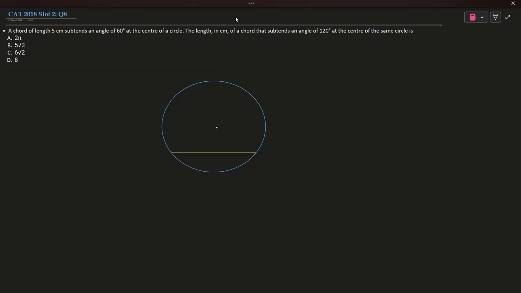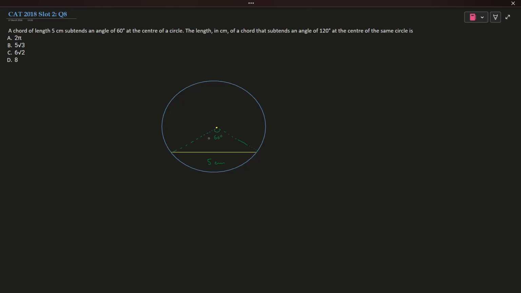So this length is 5 centimeters. Okay guys, this chord subtends an angle of 60 degrees at the center of the circle. So this angle is 60 degrees.